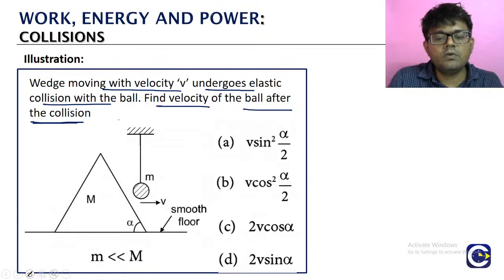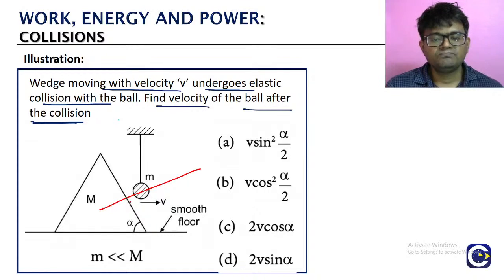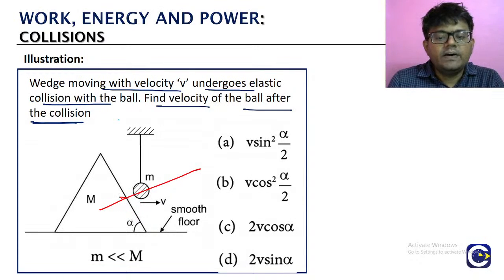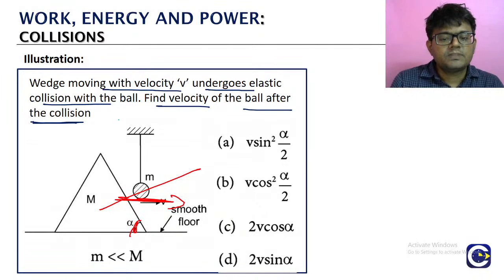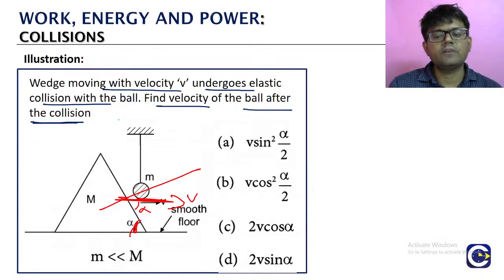When it is about to collide, this is the normal direction. Now we can think of the velocity of the wedge components. This is alpha. The velocity of the wedge we can take into two components.